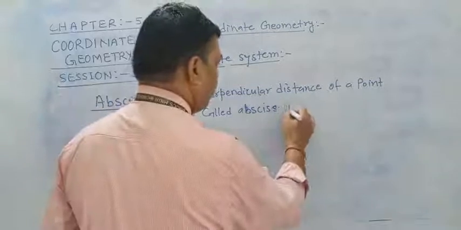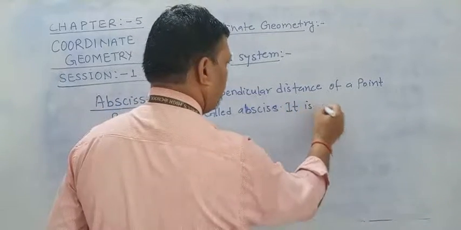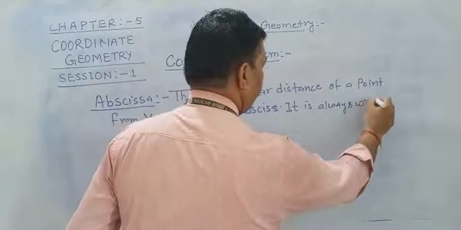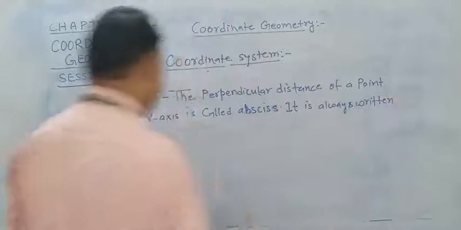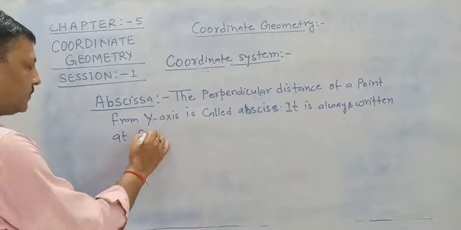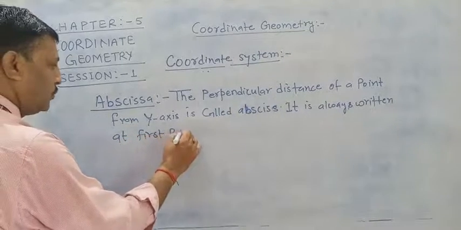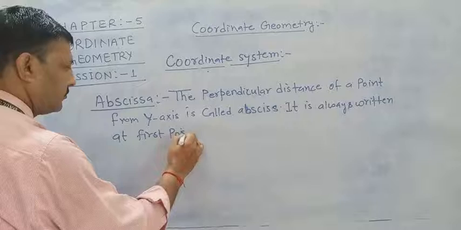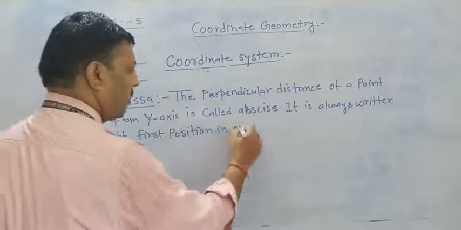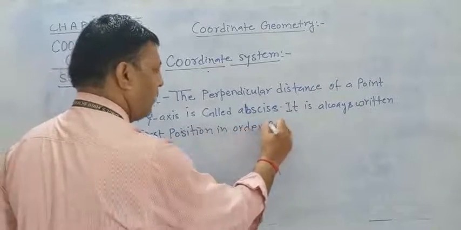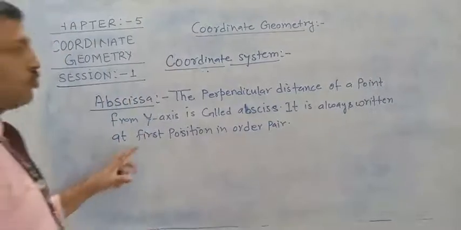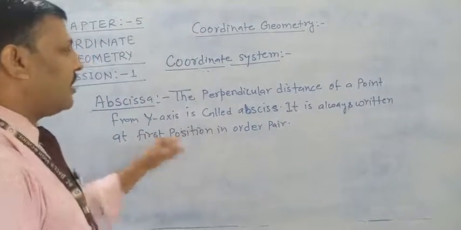It is always written at first position in an ordered pair. The number at the first position in the ordered pair is called abscissa, which represents the distance of the point.